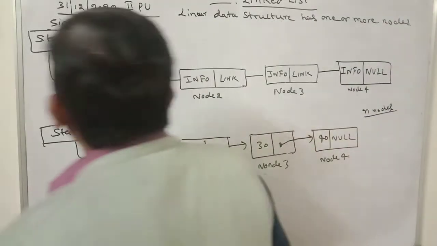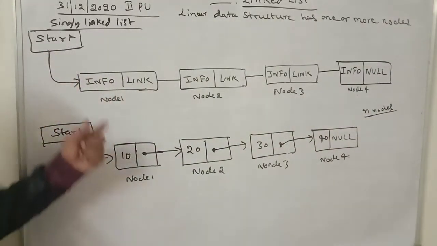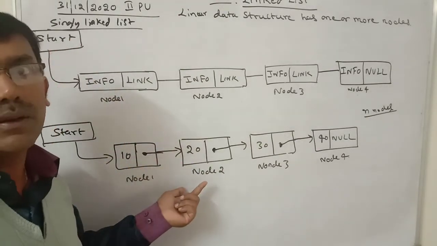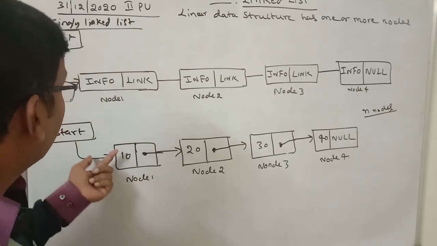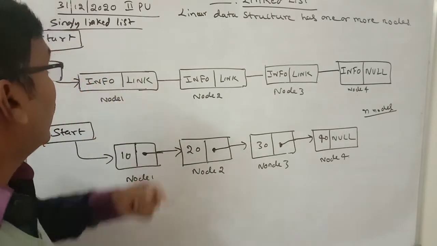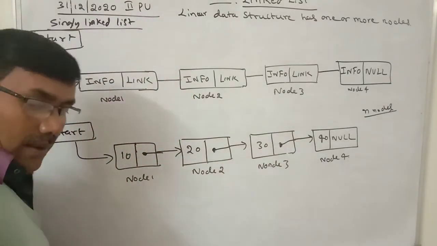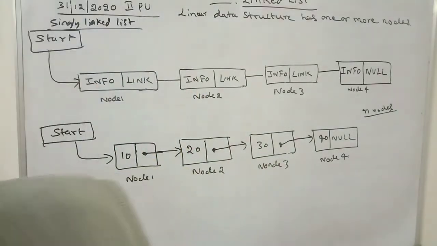Okay, see, in a doubly linked list you have 2 addresses, in both directions. Bidirection. This is called unidirection. In a doubly linked list you have both the directions. See here, you can represent a link for the doubly linked list now.